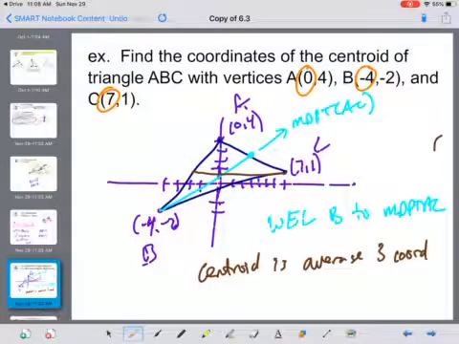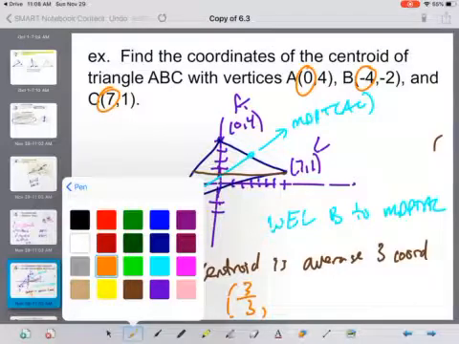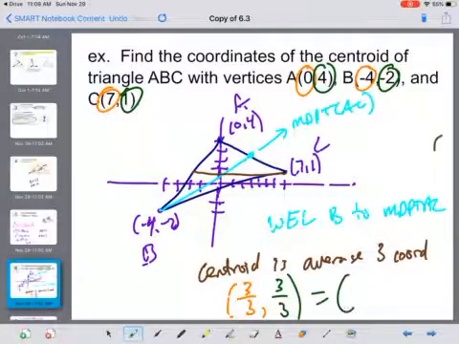When I add that up, I get 3. 3 divided by 3. And then when I do my y values, I'm going to get 4 minus 2 is 2. 2 plus 1 is 3. So I'm going to get 3 divided by 3, which means my centroid is going to be at 1, 1. So it is a shortcut to find the centroid.